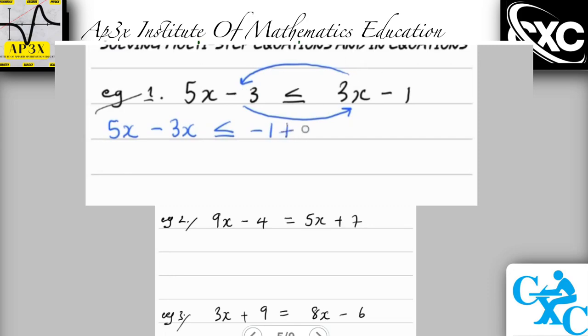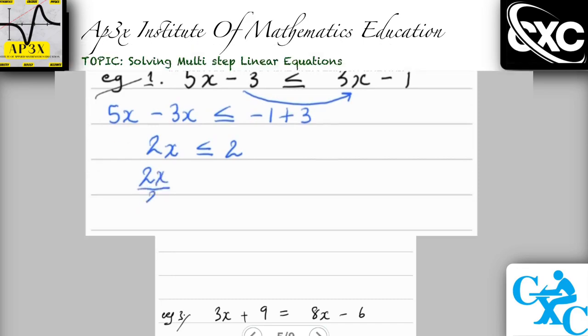So then I end up here with 5x take away 3x giving me 2x, and that's going to be less than or equal to minus 1 plus 3, which is 2. And so we're back here where we're going to be splitting the product. So we say 2x divided by 2 is less than or equal to 2 divided by 2, and so they cancel, and x is less than or equal to 1.